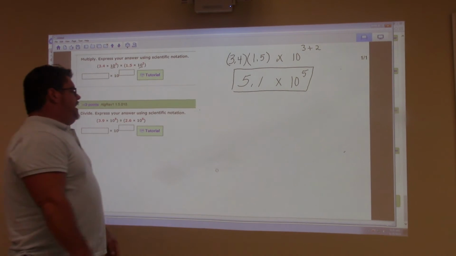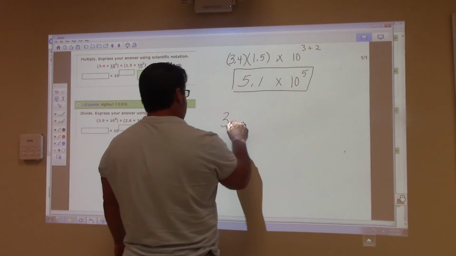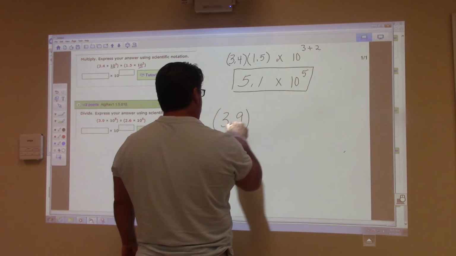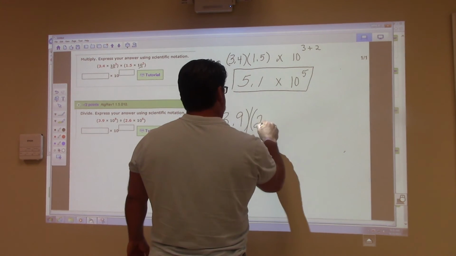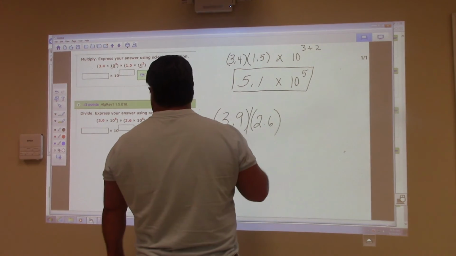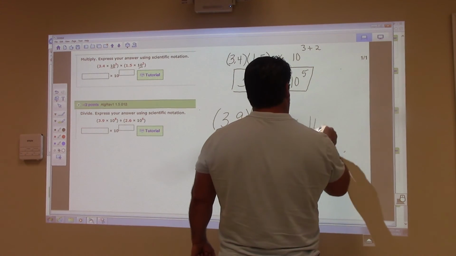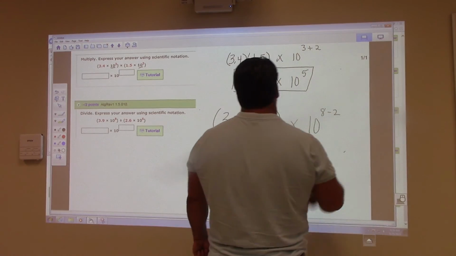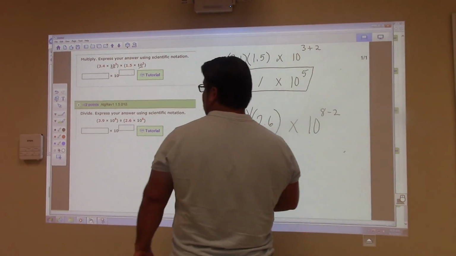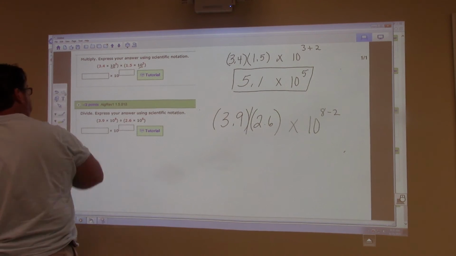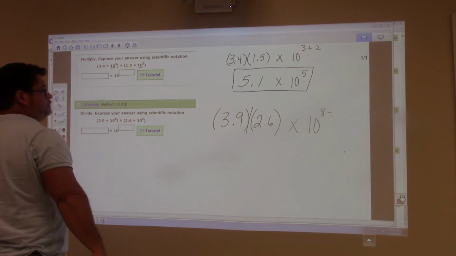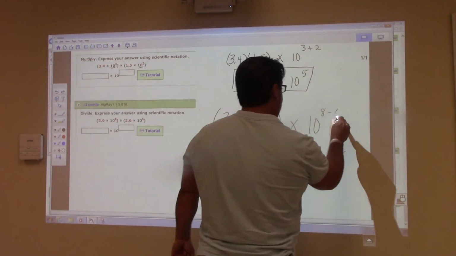So, 3.9, you're going to have to use a calculator for this because I can't divide in my head like I can multiply. 3.9 divided by 2.6 times 10 to the what? 8 minus 6, not 2. 2's the answer. Don't worry. 8 minus 6.